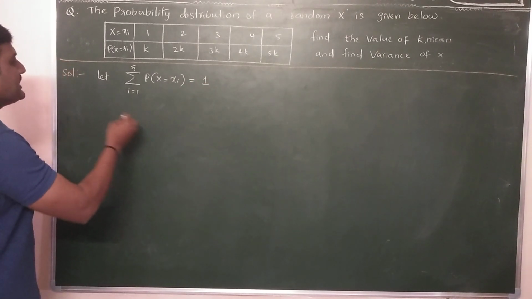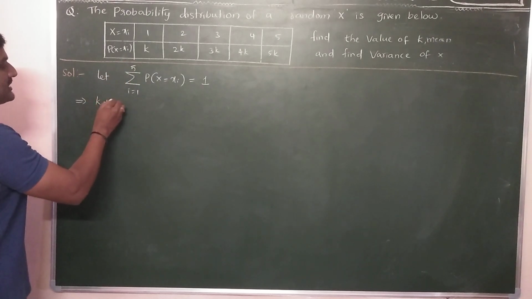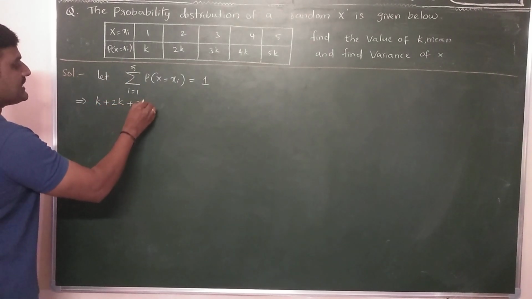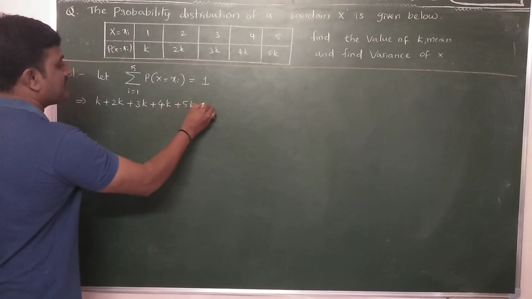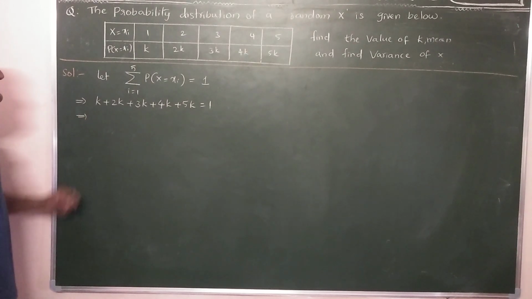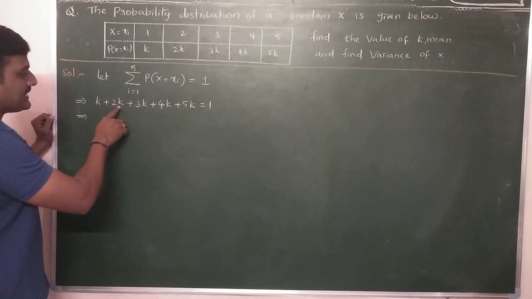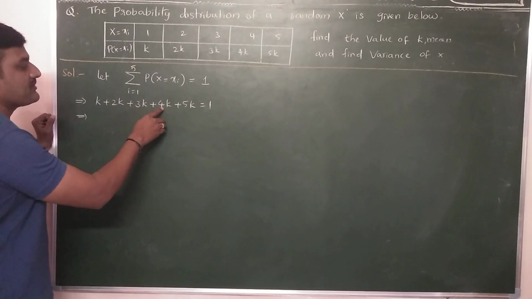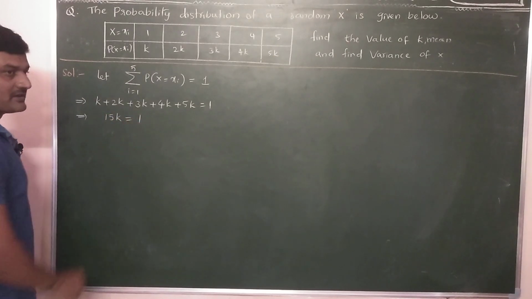Now taking the sum of probabilities: k plus 2k plus 3k plus 4k plus 5k equals 1. And the sum total is 15k equals 1.